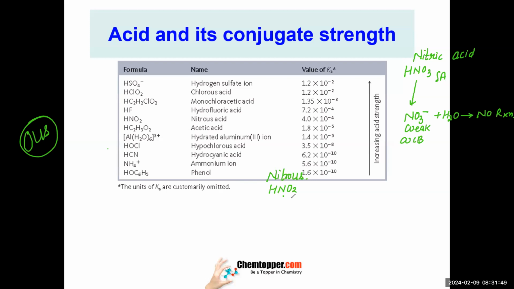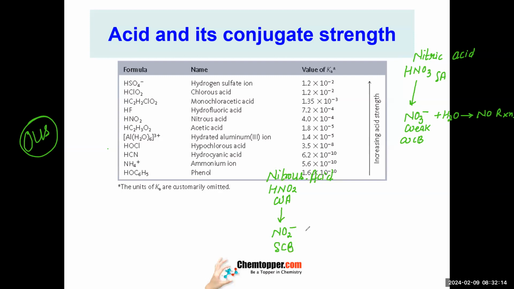So HNO2, what is it? Weak or strong? It's a weak acid. What is its conjugate base, strong or weak? Strong conjugate base.